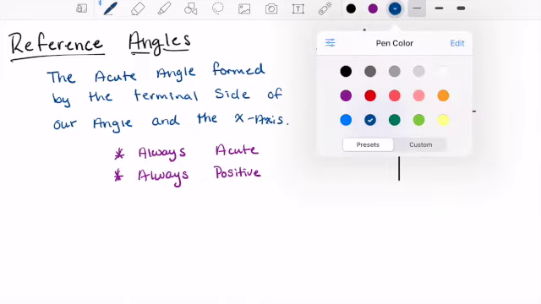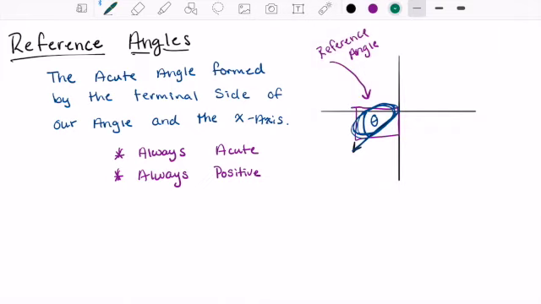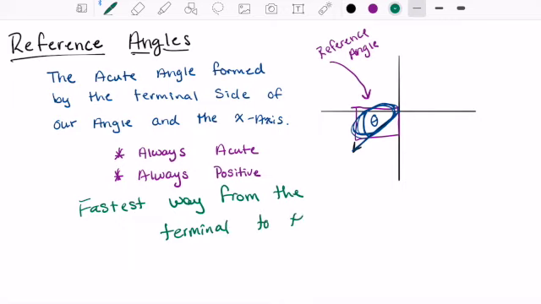One thing that I always tell my students is that it's the fastest way back from the terminal side to the x-axis. So meaning, if this is my terminal side right here, what's the fastest way back to the x-axis? It's not this way, it's definitely this way. And then you've just got to find the measurement of that angle.